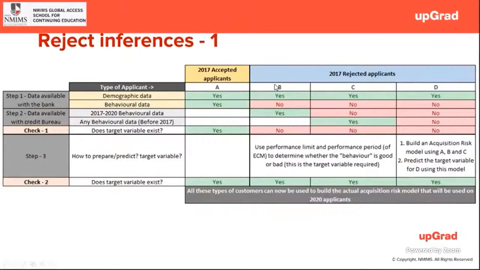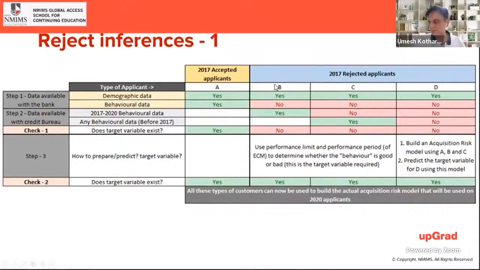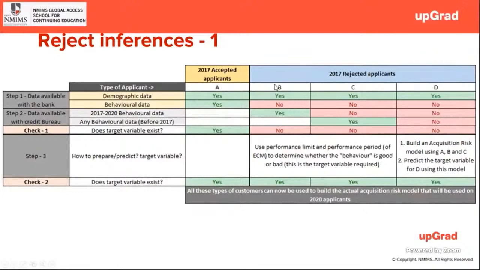Here, if you see, there is no behavioral data available with the bank as well as the credit bureau. It is mentioned that it is using a model to predict. Look at this. Okay, good.